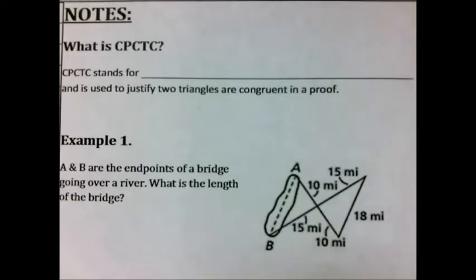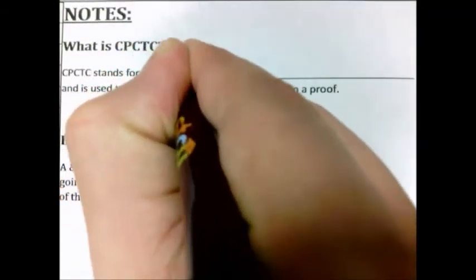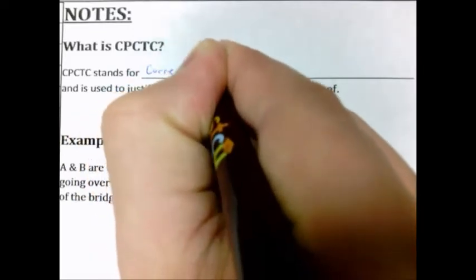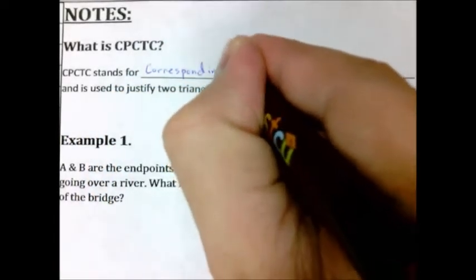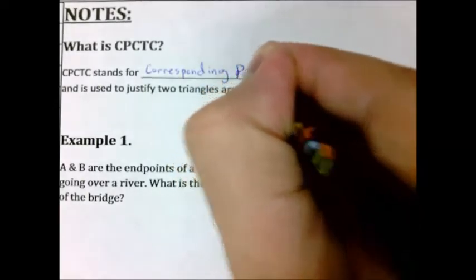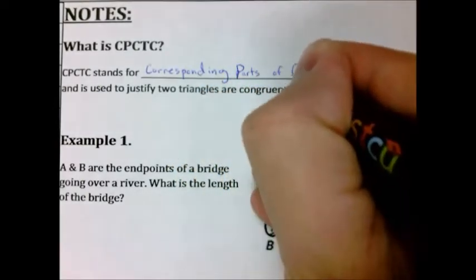And I know I'm going to run out of room here, but what CPCTC stands for is corresponding parts of congruent triangles are congruent. I'm going to write it kind of small because we're going to have a lot here.